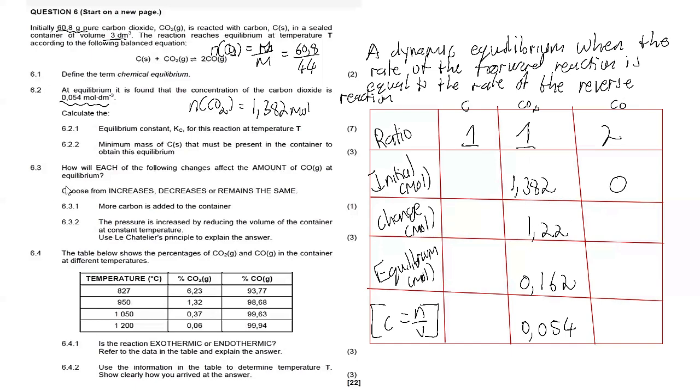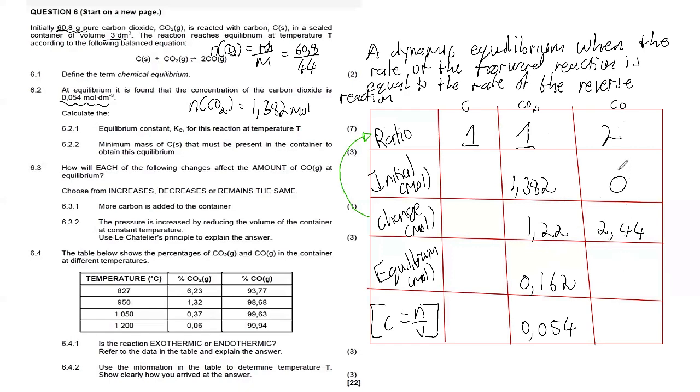When we get to the change block, that's where we apply our ratios. The change block always relates to the ratio block. A ratio of 1:2 tells you I must have twice the number of moles, so it's 1.22 multiplied by 2, then divided by 1, which gives me 2.44.